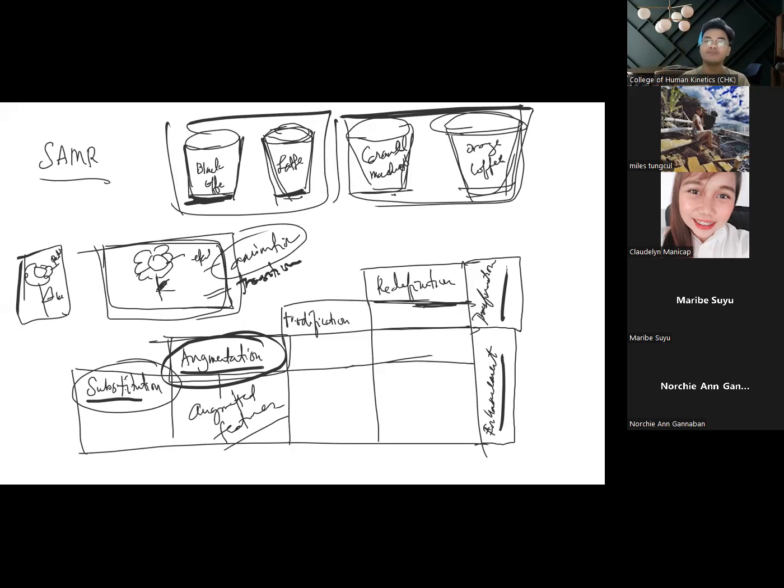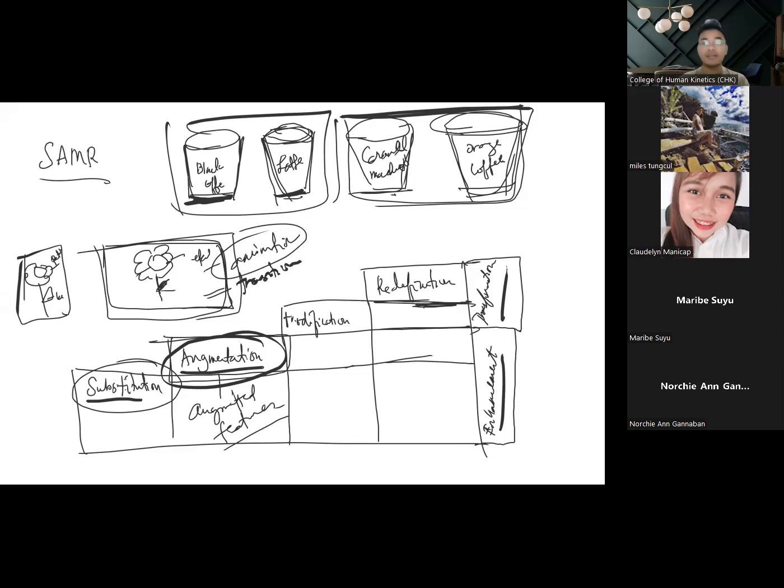Ibig sabihin nun, wrong spelling, di ba? Kaya bang gawin ng notebook mo yon kung sakali? Na pag mayroon kang nailagay na maling spelling, automatic siyang magre-red, sasabihin niya sa wrong spelling. So there are things that the technology can do that your non-digital technology cannot. Okay, so that's an example of augmentation.